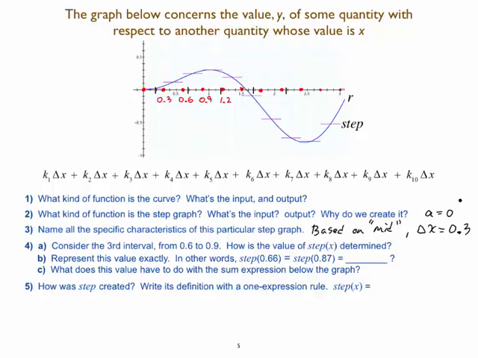How would you step that? Would you put in an X value? No, it's just talking about any x value in that interval. It's giving examples here in part B: 0.66, 0.87, any x value in that interval.